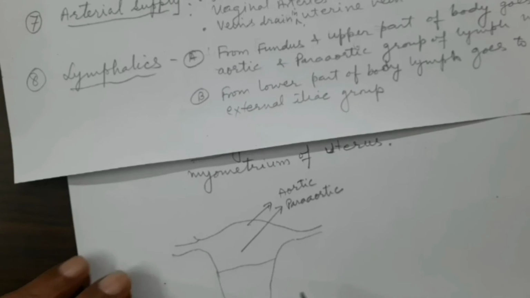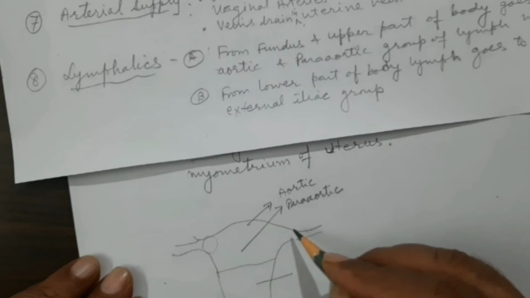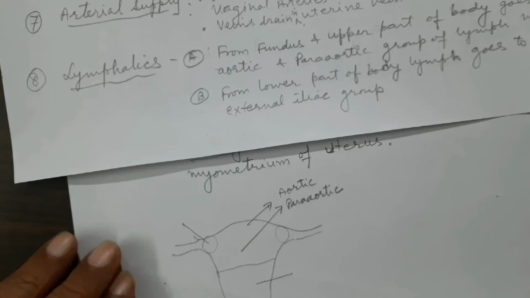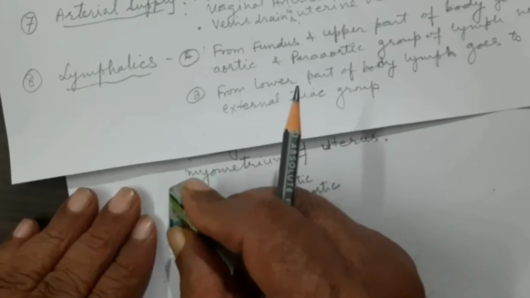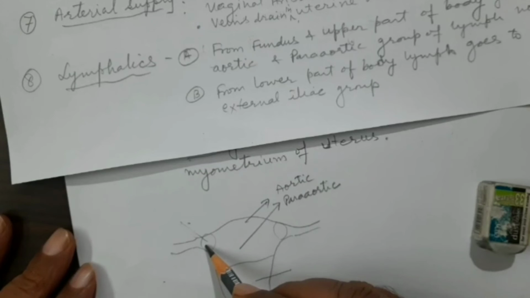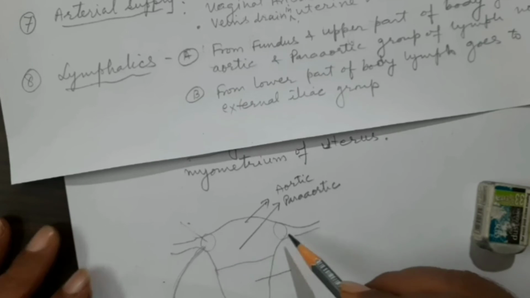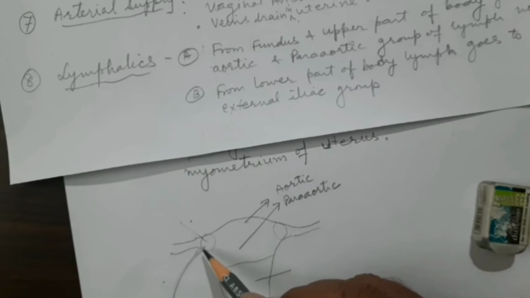Then from the lower part, except the lateral angle near the fundus, they will drain along with a ligament, the round ligament of the uterus, which is attached to the lateral angles of this fundus.